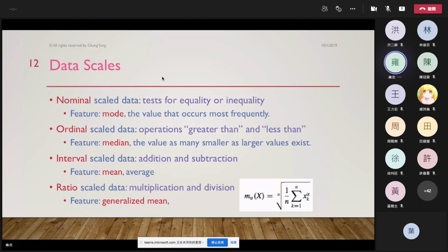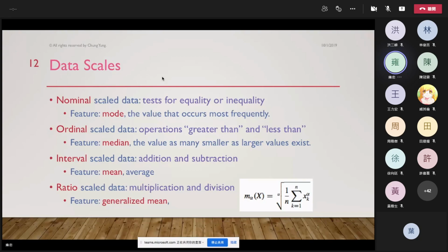The feature of ordinal data is something like median. Median is the number in this set where there are as many smaller numbers than the median as there are larger values in the set.